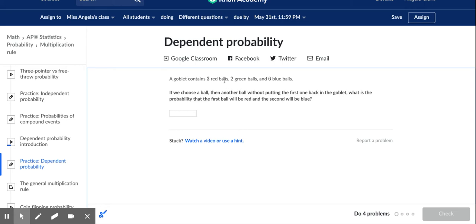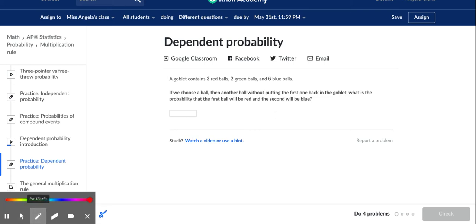So in my first one, I have 3 red balls, 2 green balls, and 6 blue balls. But if I get a red ball first and I don't put it back in, then the second time I'm pulling, I only have 2 red balls, 2 green balls, and 6 blue balls because I've already taken out one of those red balls. That's what makes this dependent, that I've changed it for the second one. Something has changed between the first and second.